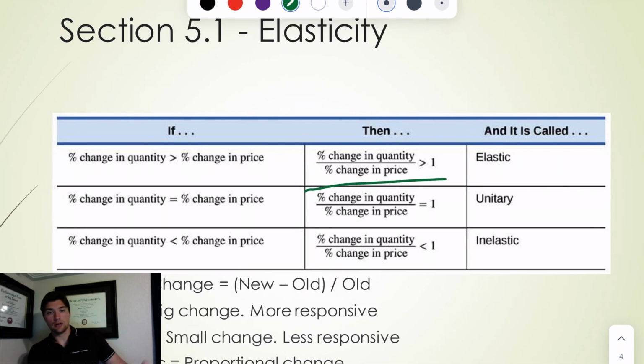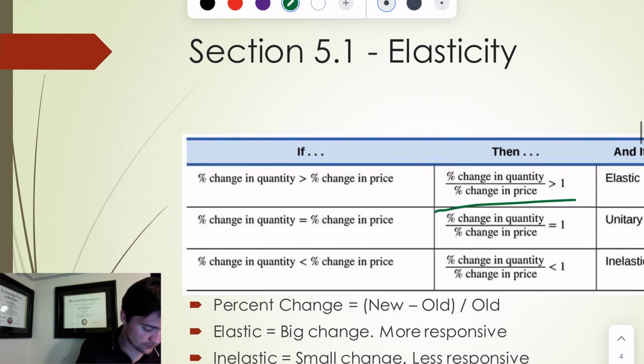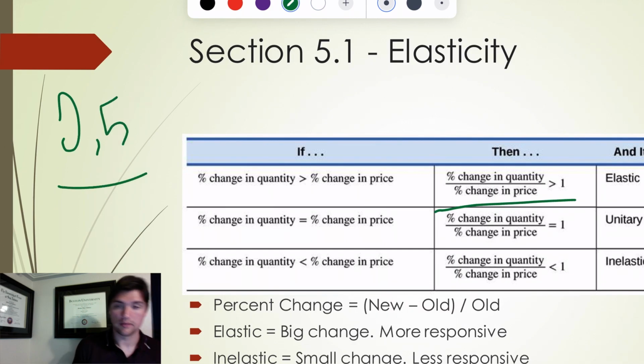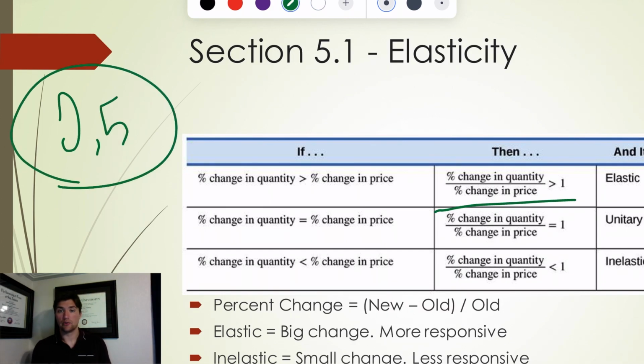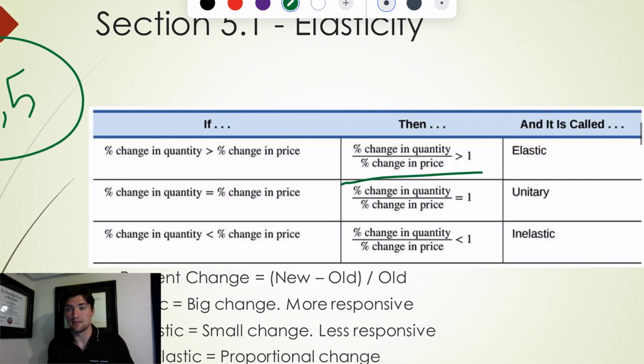And so the number we got earlier was 0.5. Is 0.5 greater than 1? No. So it is not elastic. And so what about equal to 1? Equal to 1 would be unitary elastic, or unit elastic.